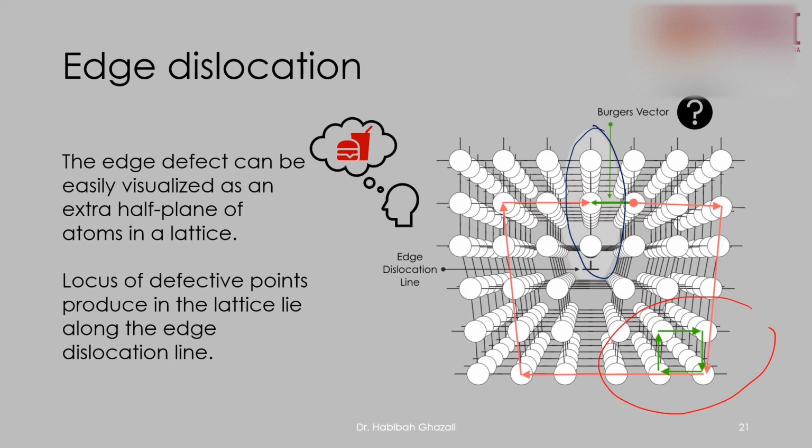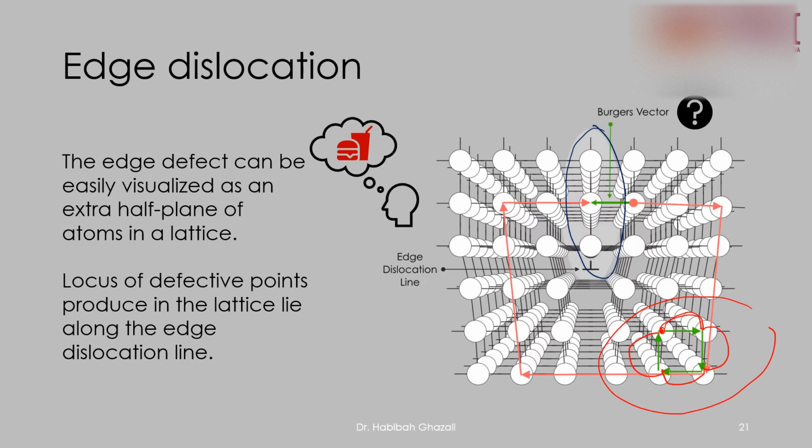So if you look at this perfect crystal, if I go one position to the positive x direction from this origin, 1 point to the negative y, 1 point to the negative x, and 1 point to the positive y, it will close that loop. So it will go back to that origin.